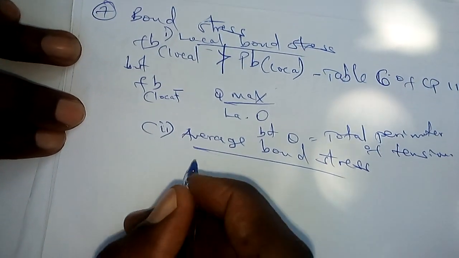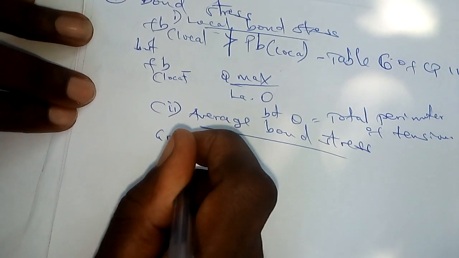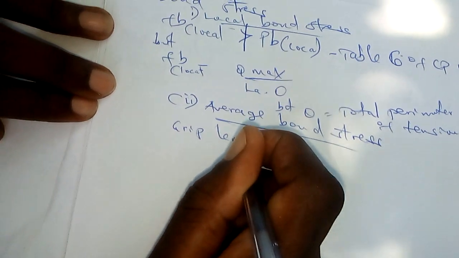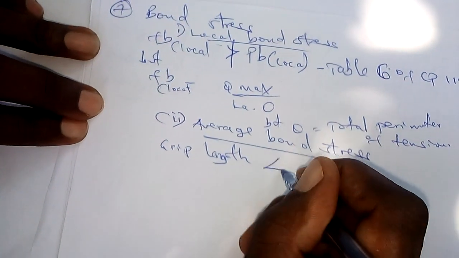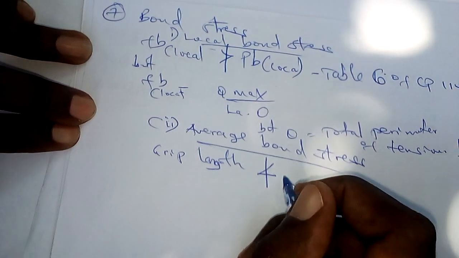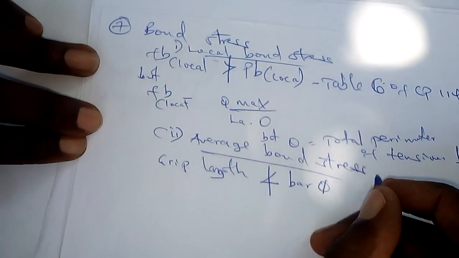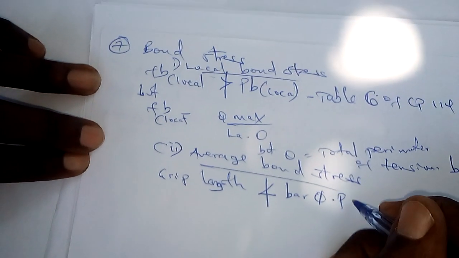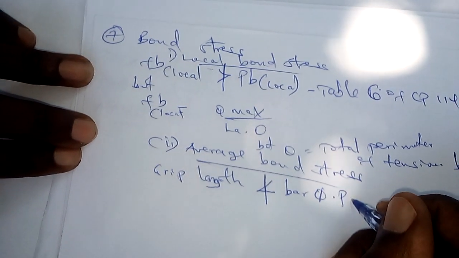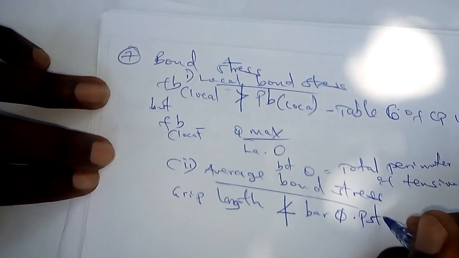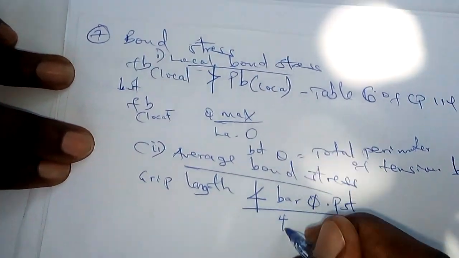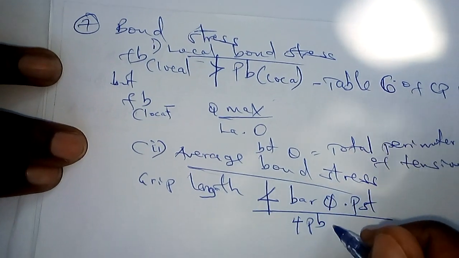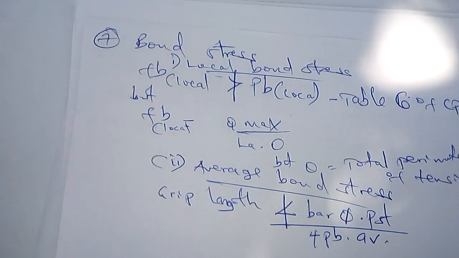Here we say the grip length should not be greater than the bar diameter multiplied by the permissible stress in steel PST all over 4 PB multiplied by the average bond.